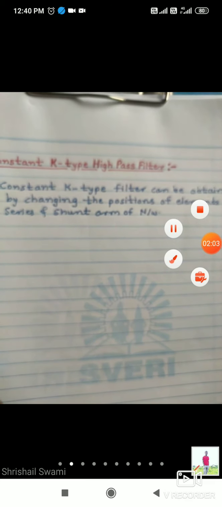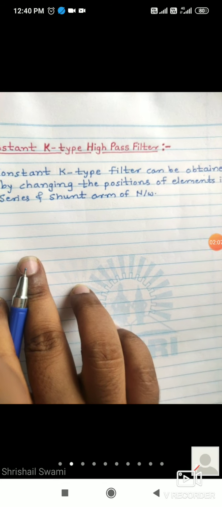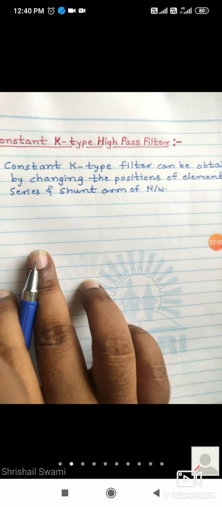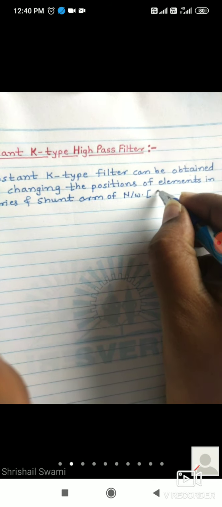So the constant K type filter can be obtained by changing the positions of elements in the series and shunt of the network given in the LPF.